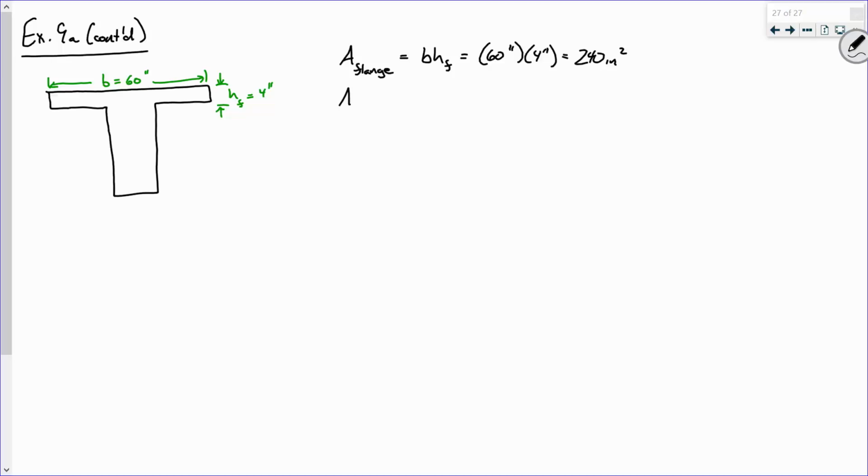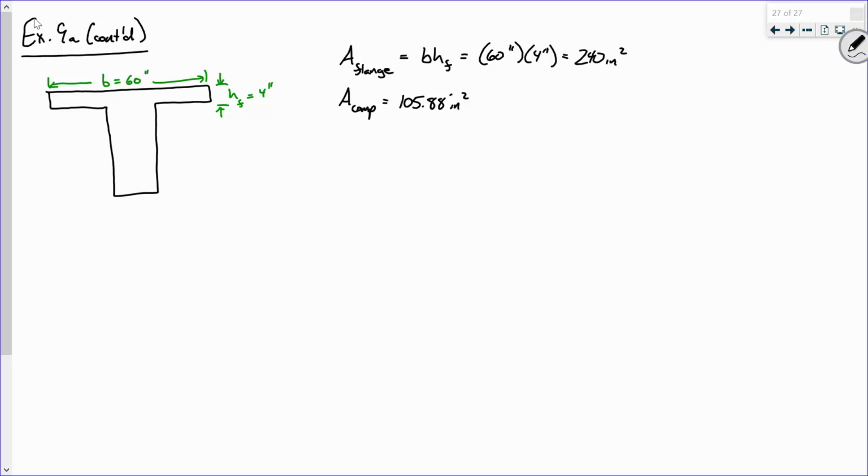Now, the area that is required to be in compression is about 105.88 square inches. So let me ask you this. That region that's in compression, can I completely contain it in the flange, or does it need to dip down into the web?